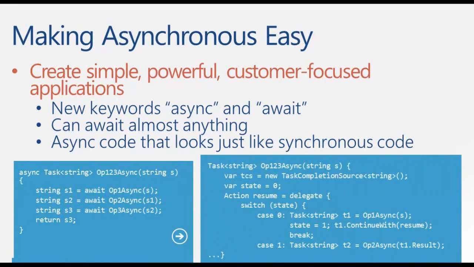Now, one of the cool things about Visual Studio 11 and the .NET languages is that we've taken a lot of steps to ensure that it becomes very, very easy to write highly responsive code in the IDE.